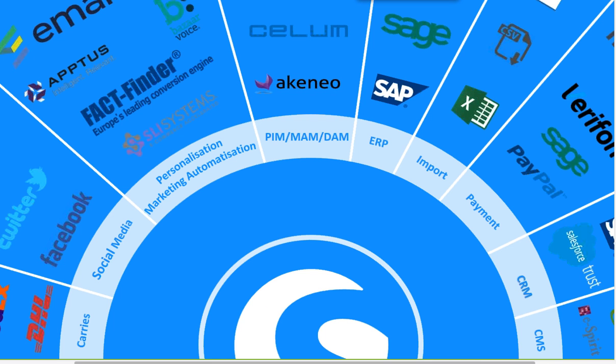To give you a more detailed overview of our ecosystem around Shopware, we just created a kind of wheel where you can easily see that we have integrations to the big players in the market. If we're talking about the carriers or social media, personalization, just to name a few. Just have a look at it, and I can also provide you with a sheet later on.